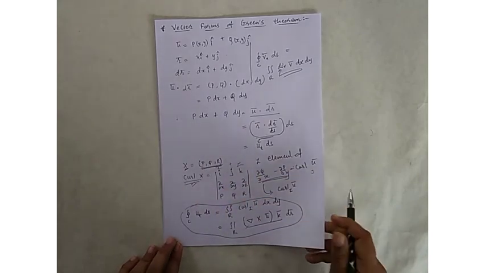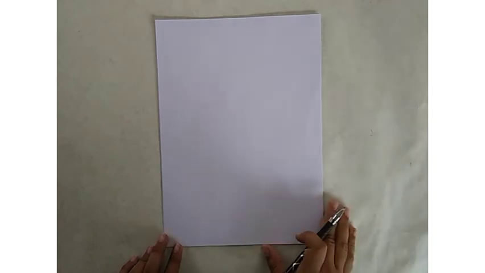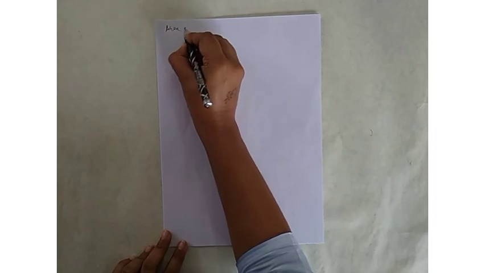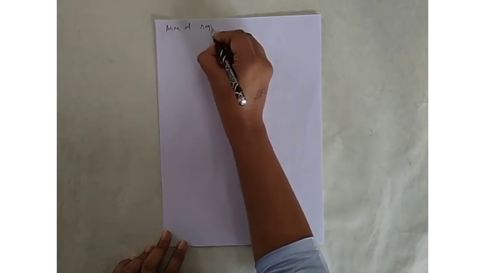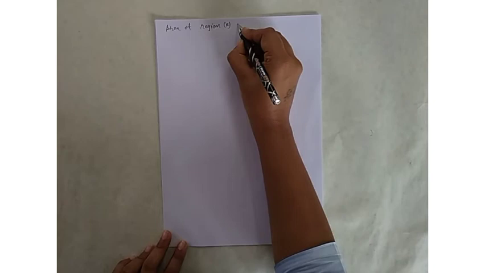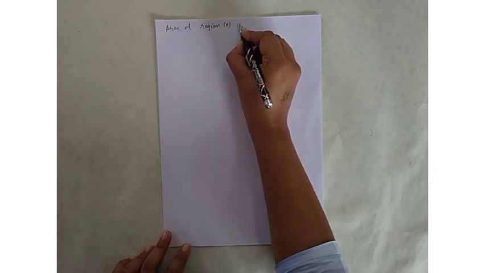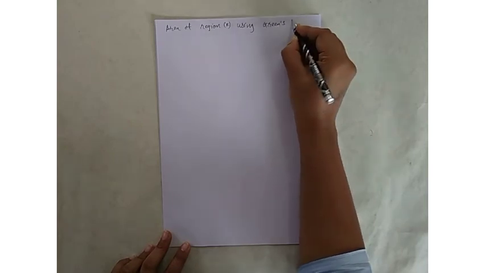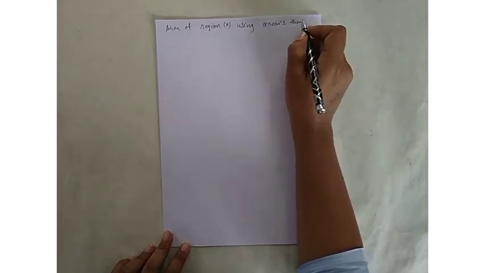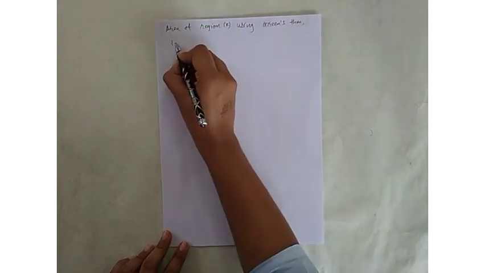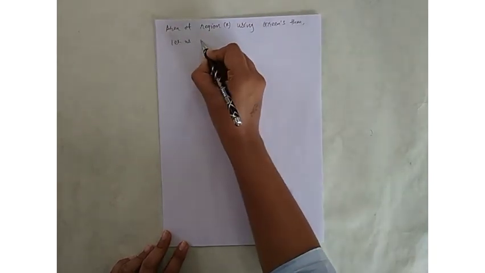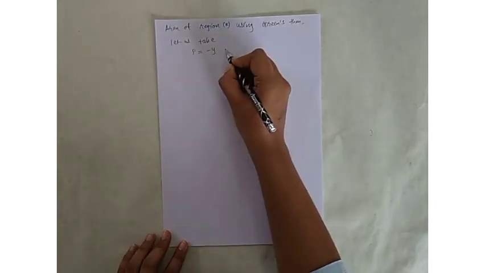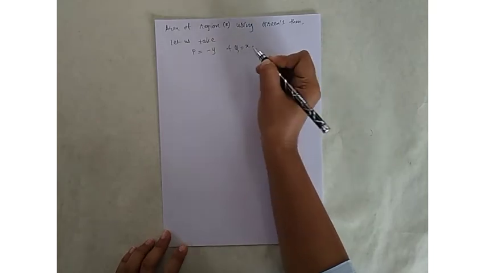Next topic is to find the area of region R using Green's theorem. For that, let us take the function p equal to minus y and q equal to x.